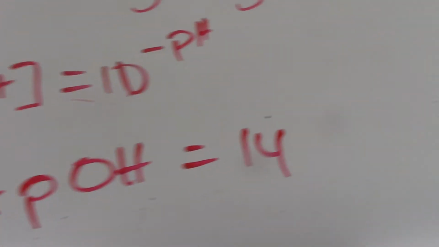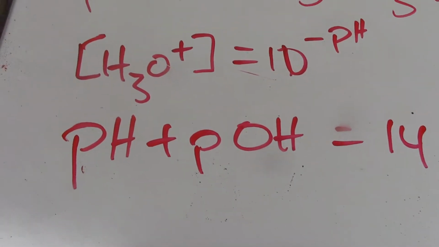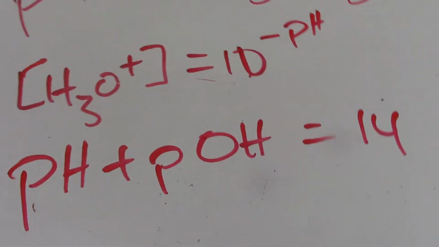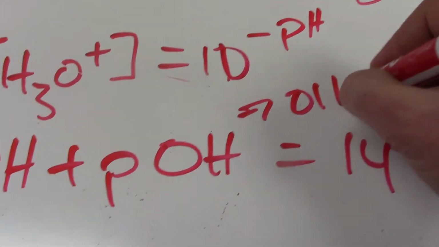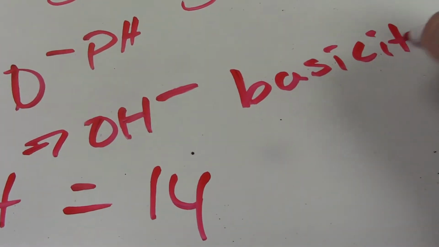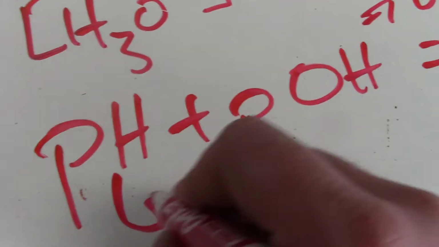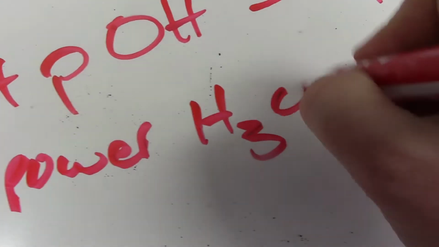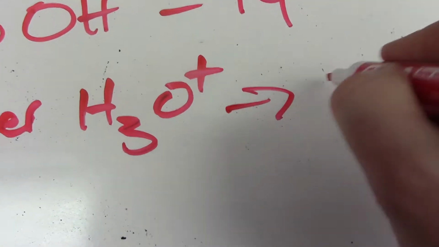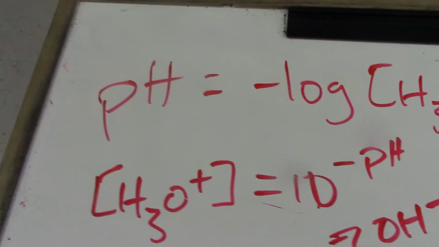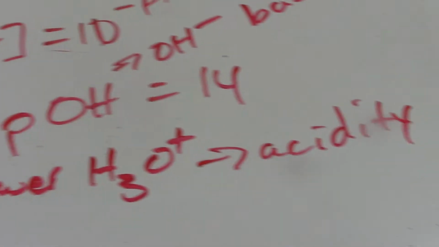So I can transfer between pH and pOH by solving for one of the two. pOH is the power of hydroxide, which is base acidity, and pH is the power of hydronium, which is acidity. All relationships that we need to understand.